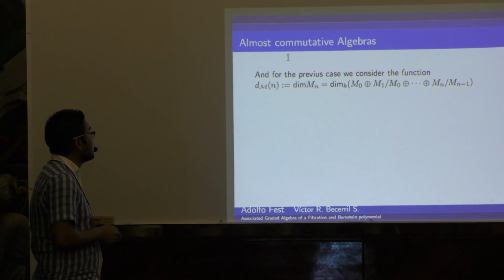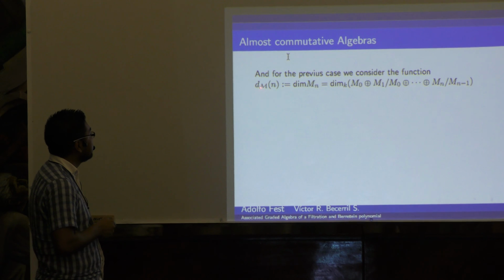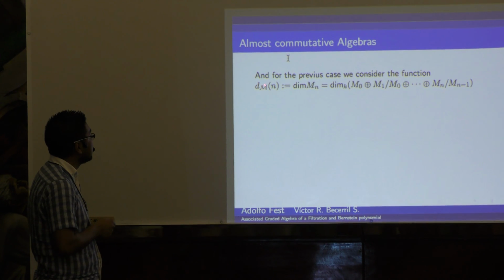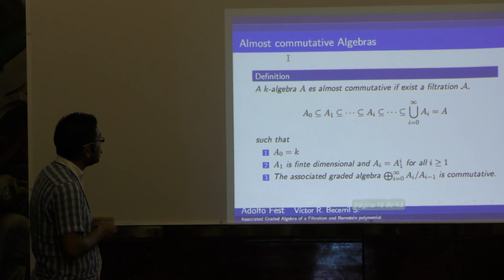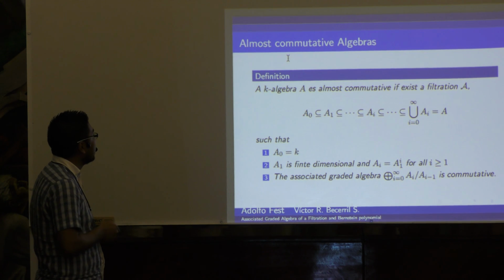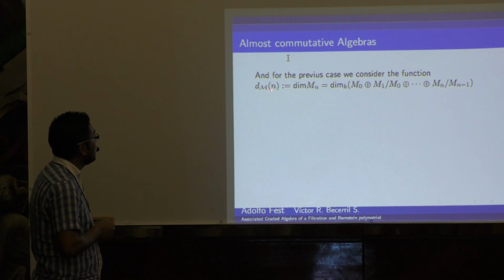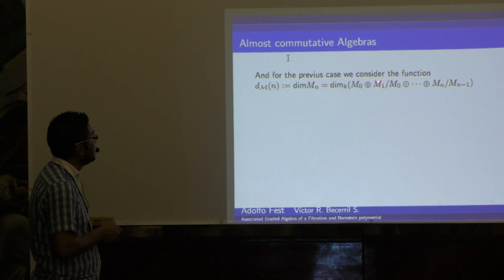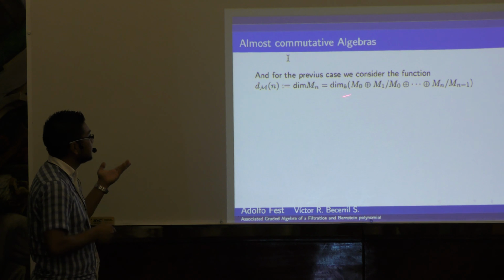And we can consider also a function, more or less the same. Now I put here a calligraphic M, to make the difference from the other ones, to say that I consider the filtration of the module, and I take the quotients. As all are vector spaces, I have this equality.